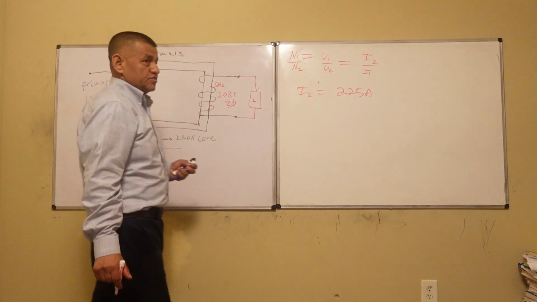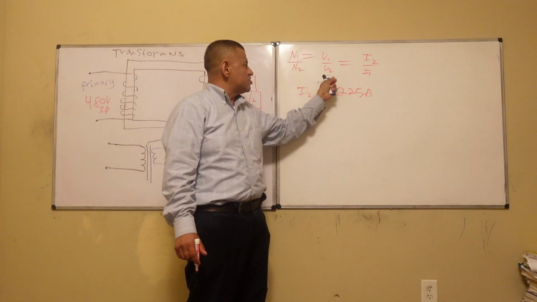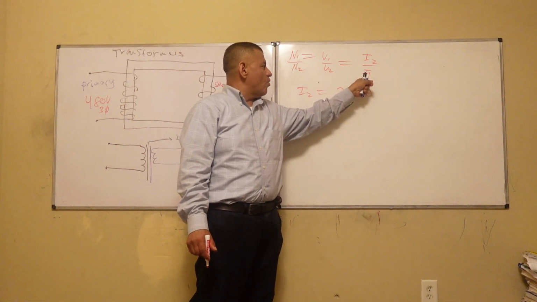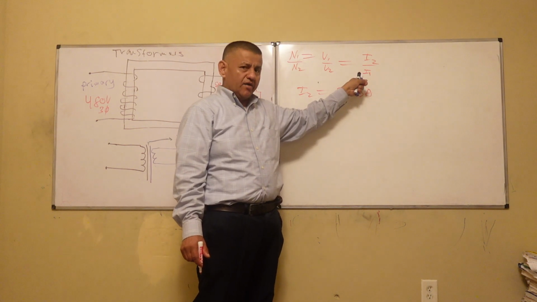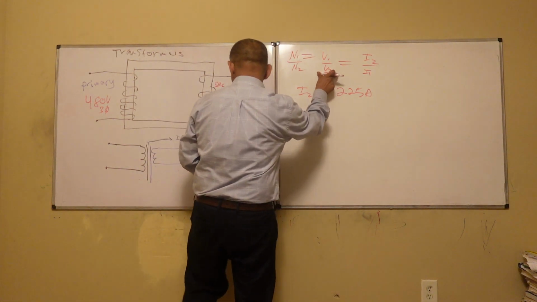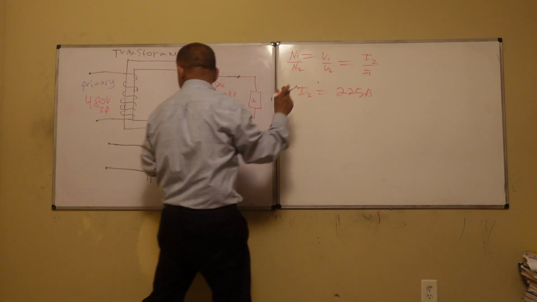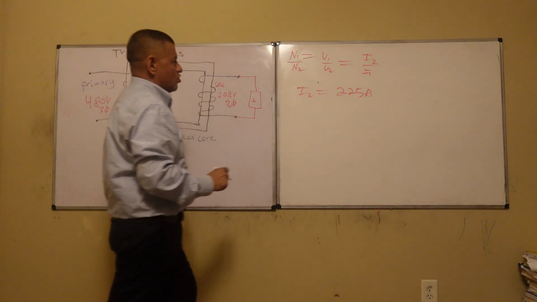Well, let's use the formula. We know that we have a V1, we have a V2, we have an I2, we don't have an I1. V2 is 208 volts, V1 is 480 volts.